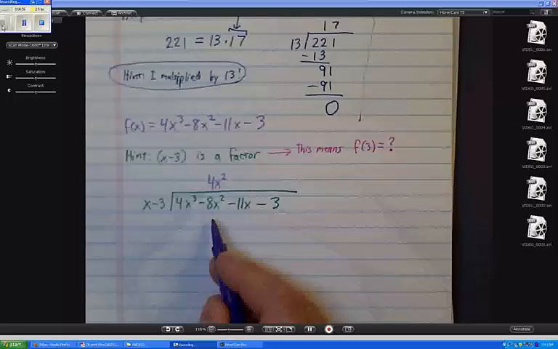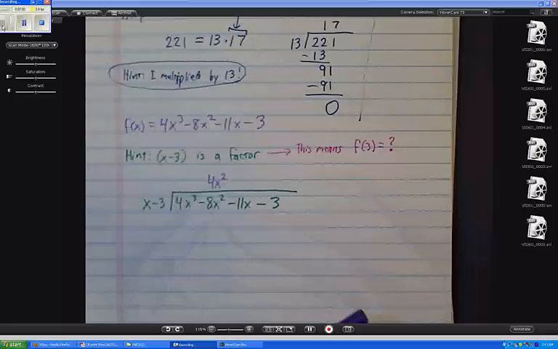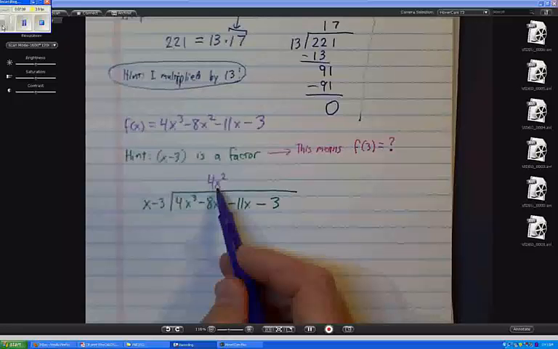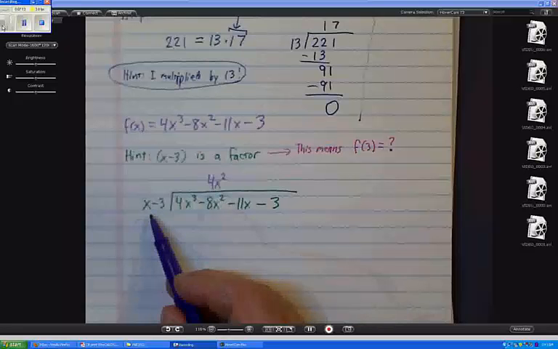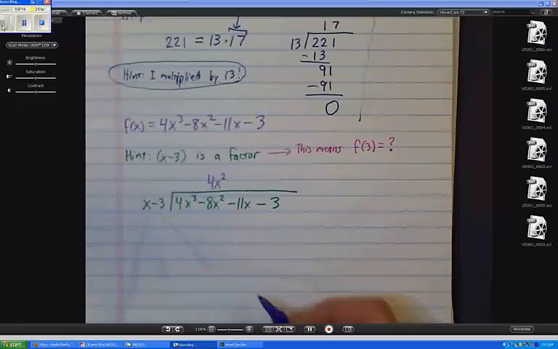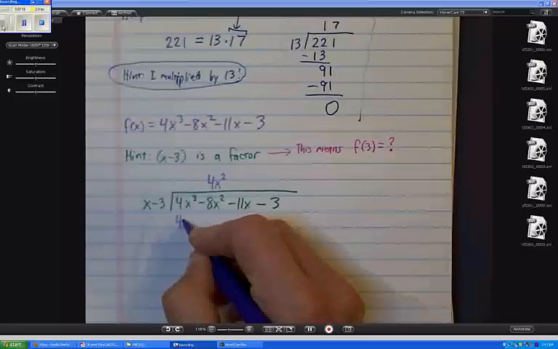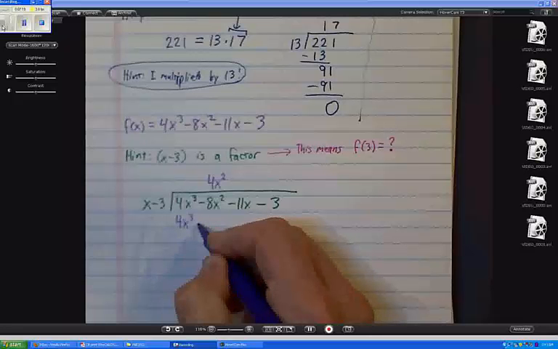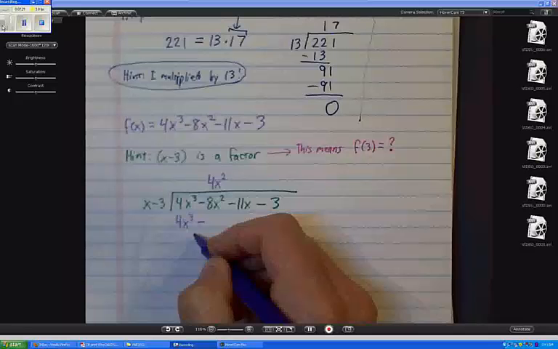I'll put the 4x squared there. So that's the dividing step. And then what do I do? I multiply. So let's do 4x squared times what? What times the x minus 3? Okay? So what do we get? 4x cubed minus 12x squared.